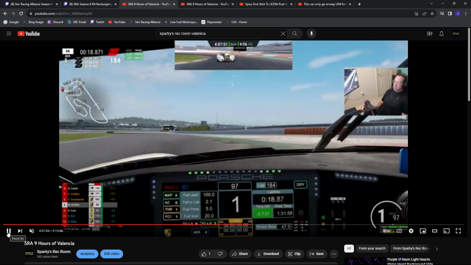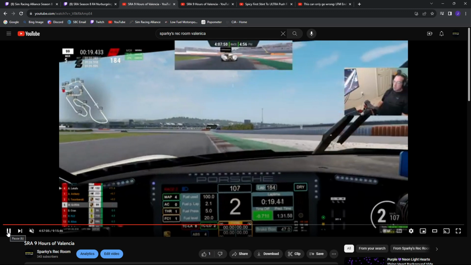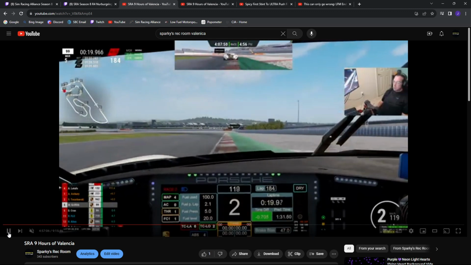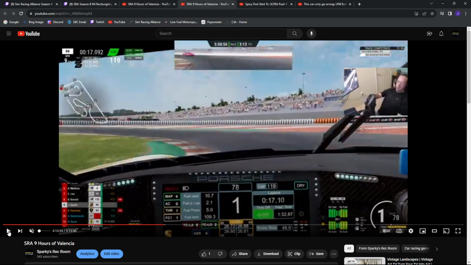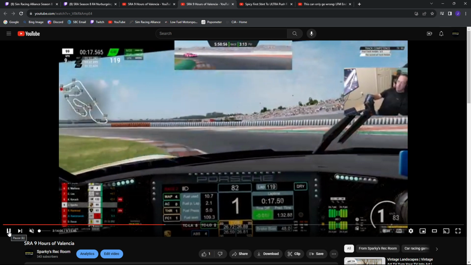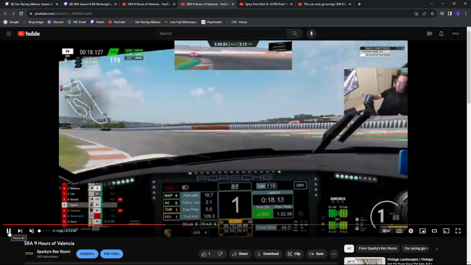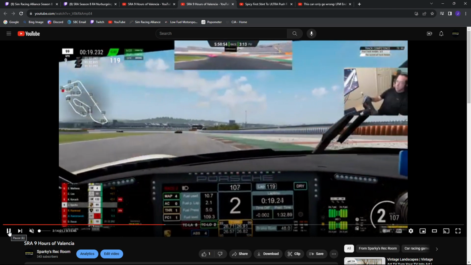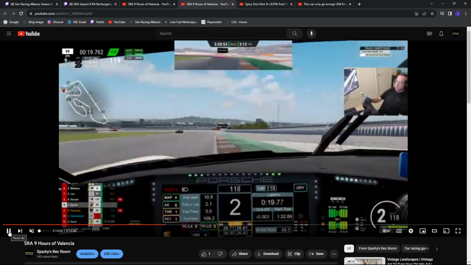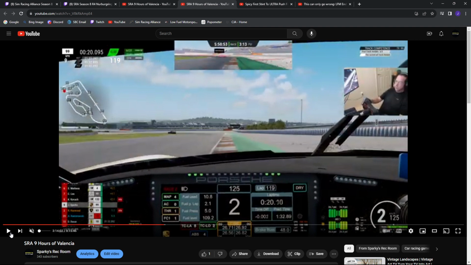Now, let me show you the last prong of this. So I'm going to stop right there where the nose of the car is just hiding the white portion of the curb there. And notice he's 120 kph at that point. And I'll be 124 or 125.